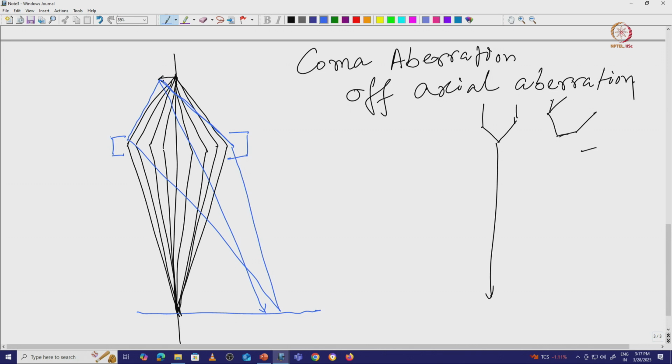If I erase these black rays, it will be easier to understand, which is why I am erasing those inside rays. Now if I take the blue ray again, how is it going to converge? The next ray is coming somewhere here, and this is the other ray, and both of them are going and converging somewhere here.